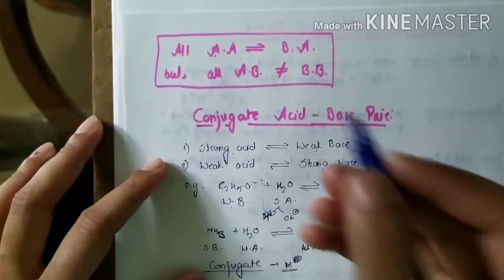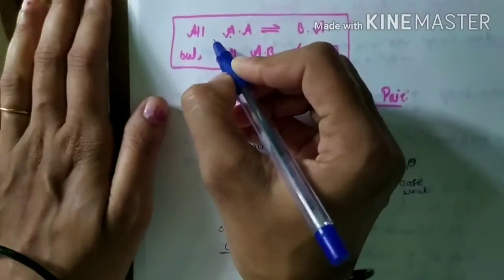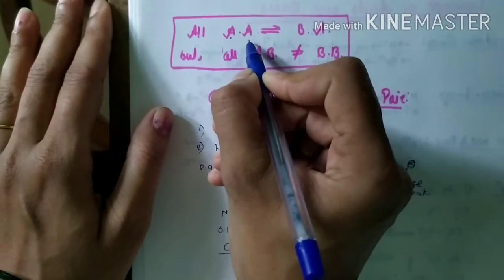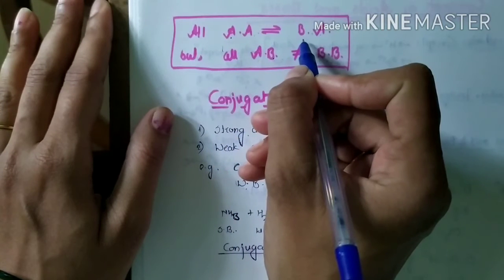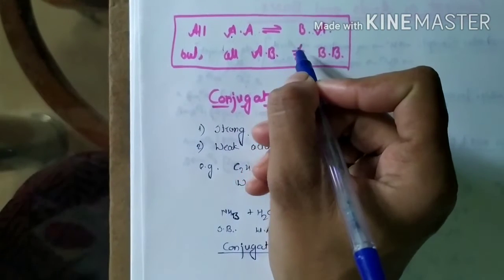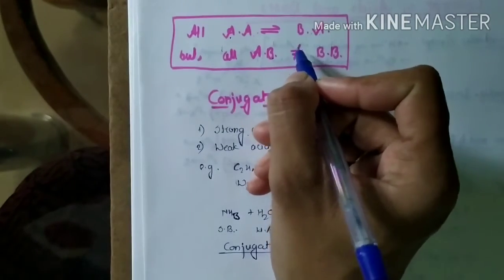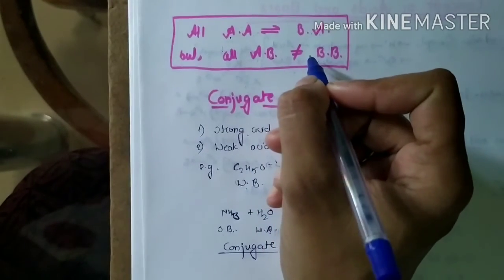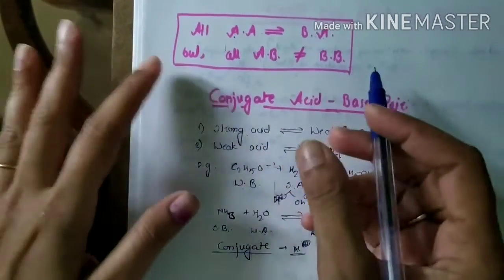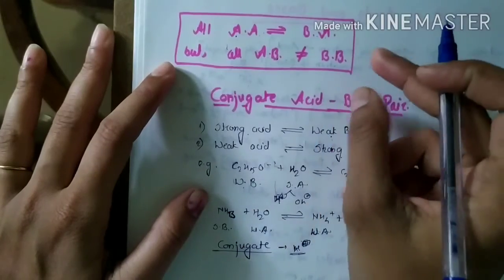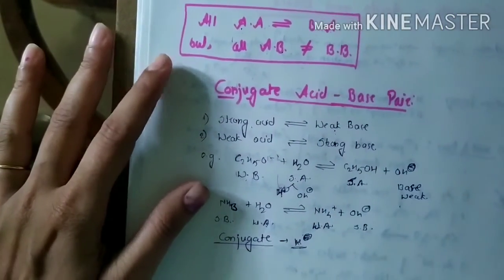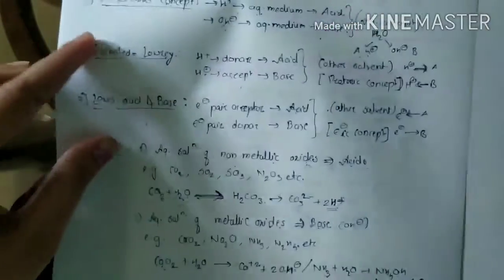Here you must know that all Arrhenius acids act as Bronsted acids, but all Arrhenius bases can't act as Bronsted bases. This happens because of the main concepts of Arrhenius and Bronsted acids and bases.